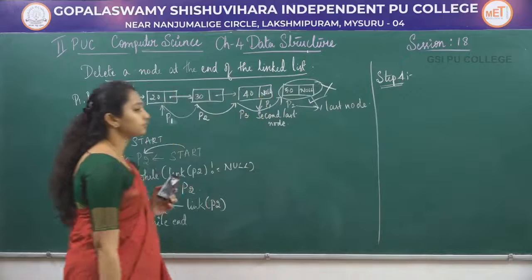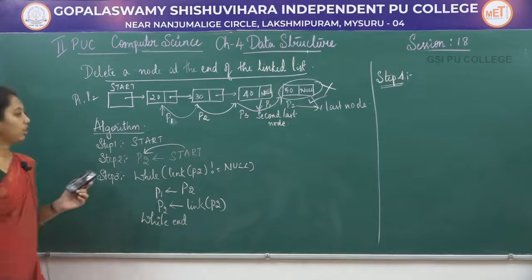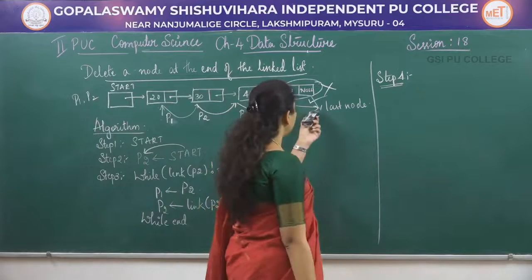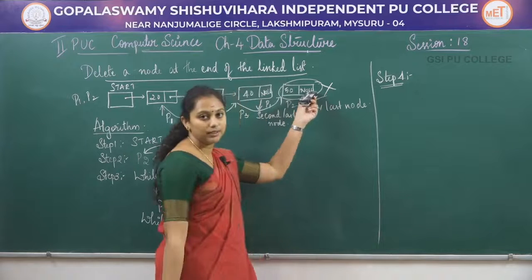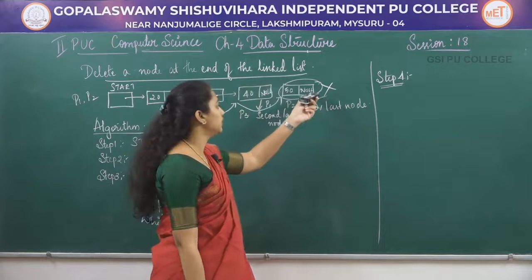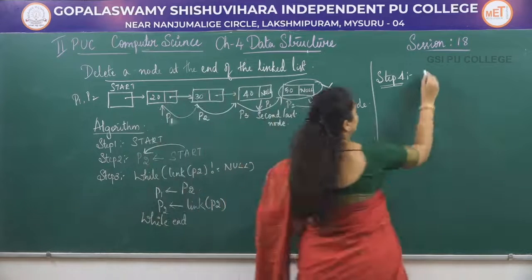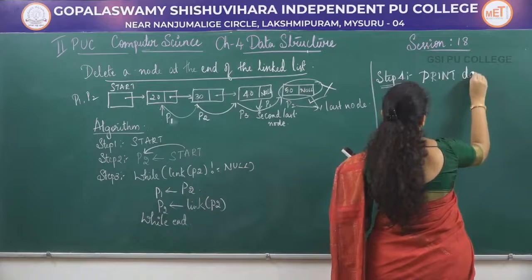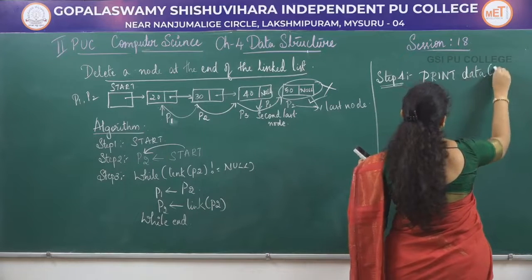Step 4. Here we got null as a value in the link field of the node, so we print the data of this node, data of P2.